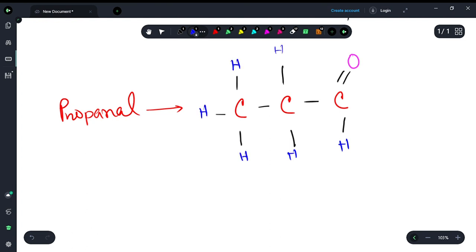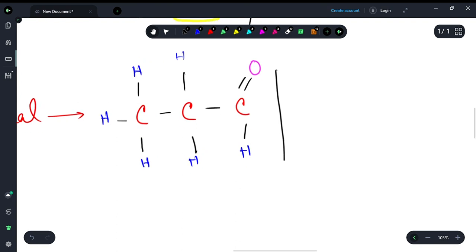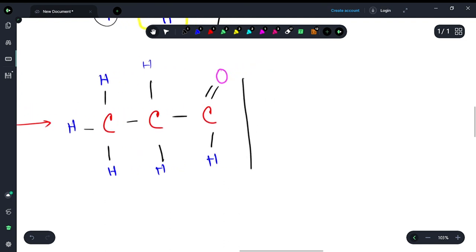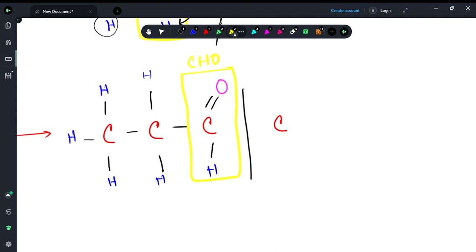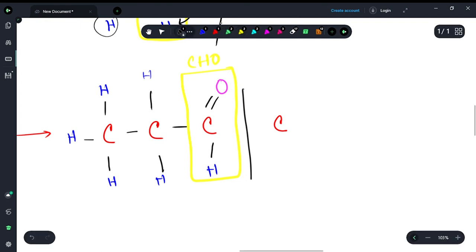So that's propanol. Now let's find out the molecular formula. How many carbons are there? We can't count this one because it constitutes the CHO, so we count only the other part and keep the CHO for writing at the end.